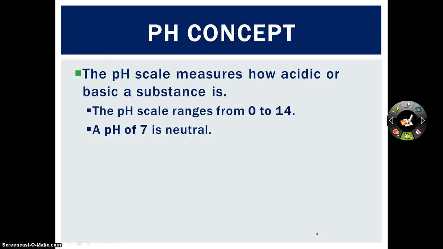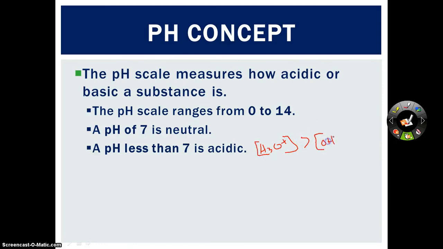What it means also is that the concentration of hydronium ion and hydroxide ion is equal. A pH of less than 7 is acidic. Same thing with our other definition: a pH less than 7 indicates that hydronium ion concentration is greater than hydroxide ion concentration.